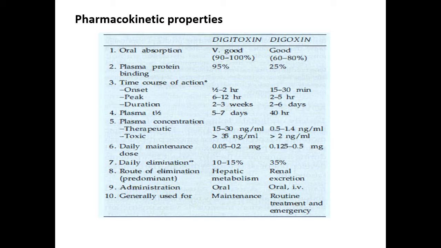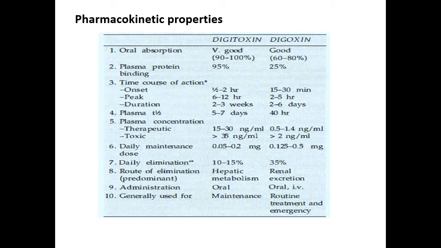The onset of action of digitoxin ranges from half an hour to 2 hours, and for digoxin it ranges from 15 to 30 minutes. The peak action is obtained in 6 to 12 hours for digitoxin, and for digoxin 2 to 5 hours. The duration of action for digitoxin ranges from 2 to 3 weeks, and for digoxin from 2 to 6 days. The plasma half-life of digitoxin is 5 to 7 days, but of digoxin is 40 hours.